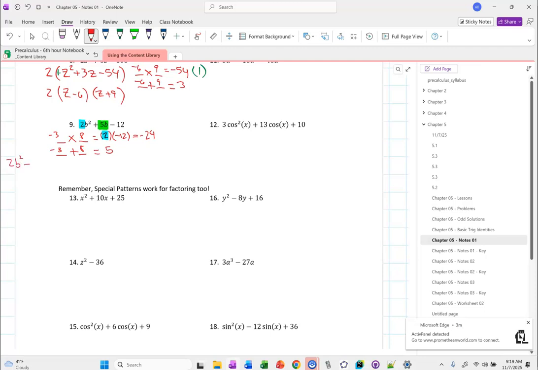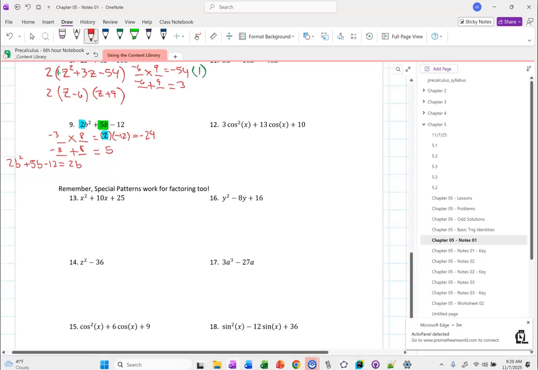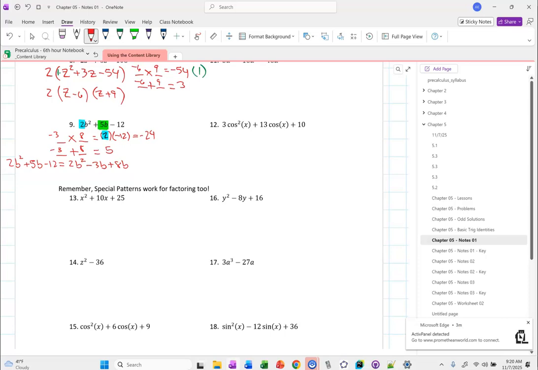So we have 2b squared plus 5b minus 12 is equal to 2b squared minus 3b plus 8b minus 12. Everybody okay with what the two numbers allow us to do? Tells us how to break apart that middle term.